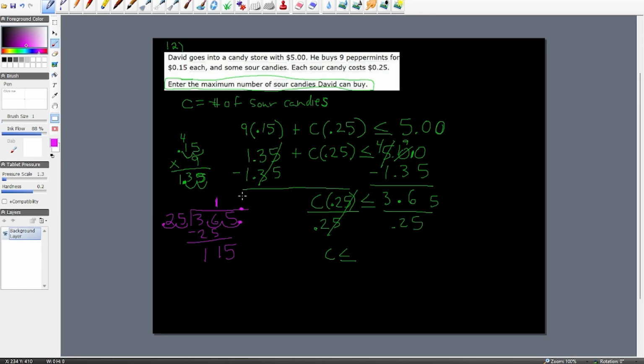So 25 goes into 115 4 times. 4 times 25 is 100. And then I can bring down a 0. 25 goes into 150. That'll be exactly 7 times. 7 times 25 is 150. So it's 14.7.